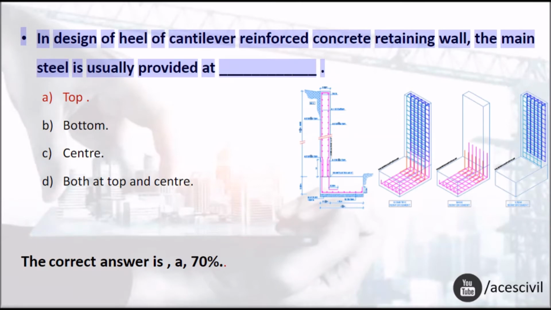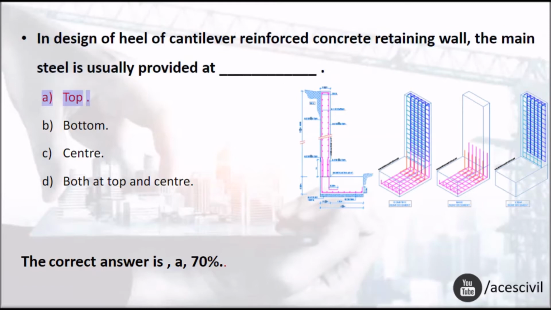In design of heel of cantilever reinforced concrete retaining wall, the main steel is usually provided at A. Top. B. Bottom.